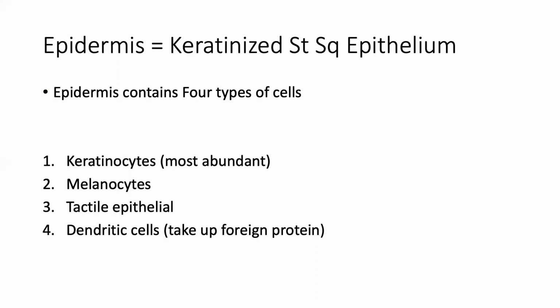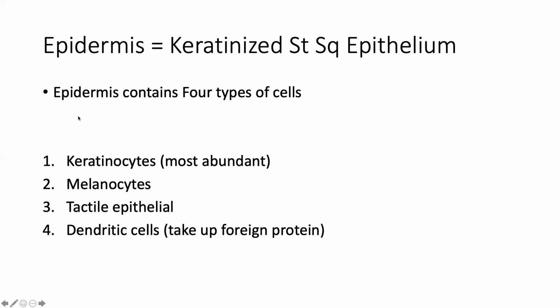So let's study the epidermis. Epidermis has multiple layers of stratified squamous epithelium, and it has keratin. And on top of these stratified squamous cells, we have another 4 cells which are specific to the skin.